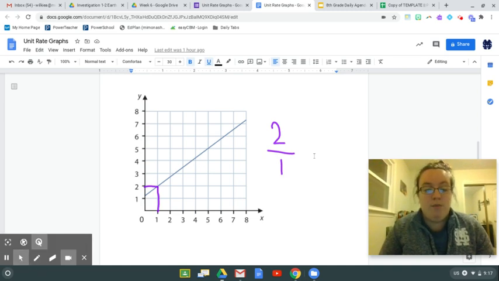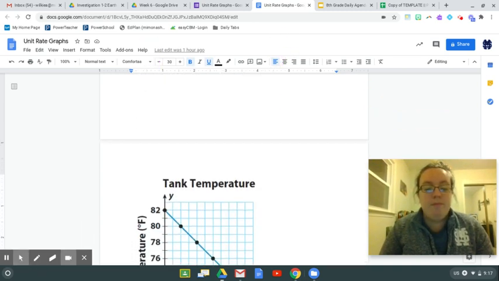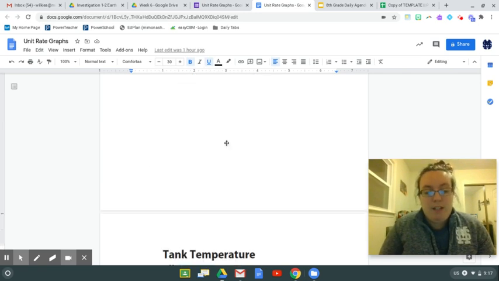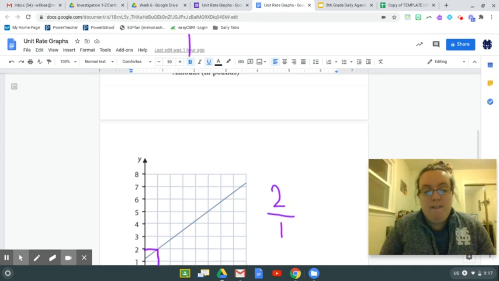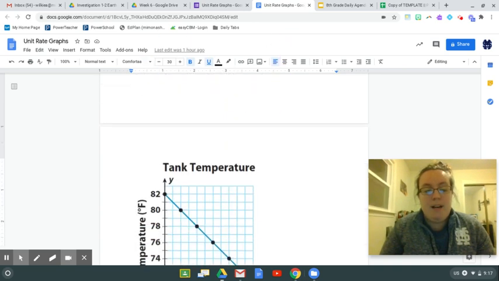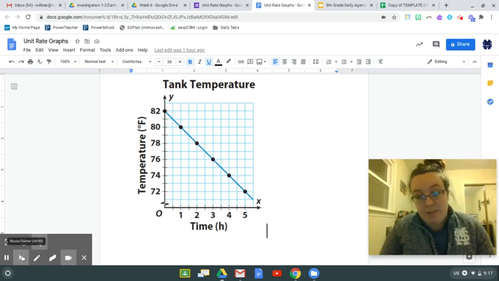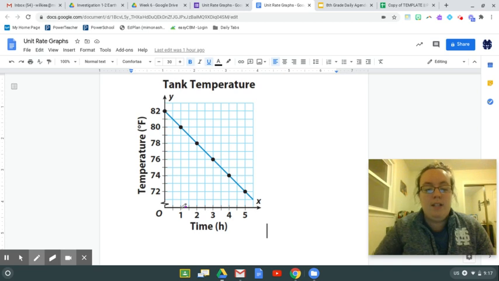I have one more example for you. Now, the only difference between these 3 examples up here and this example is that the line I'm looking at is now going down. It's a negative slope. So it's not going to affect anything for us for this example. We're still going to go over to 1. There it is.